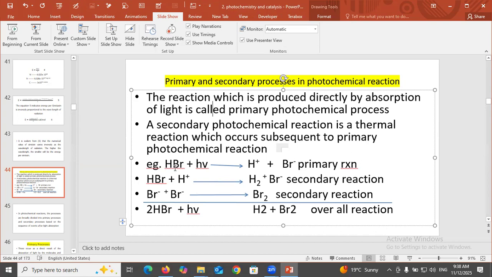Here, hydrogen bromide absorbs light and dissociates into hydrogen and bromine atoms in the primary reaction. Again, the hydrogen atom reacts with hydrogen bromide to produce hydrogen gas in the secondary reaction. Also, the bromine atoms combine to form a bromine molecule, a secondary reaction.